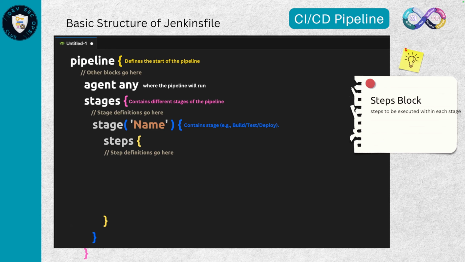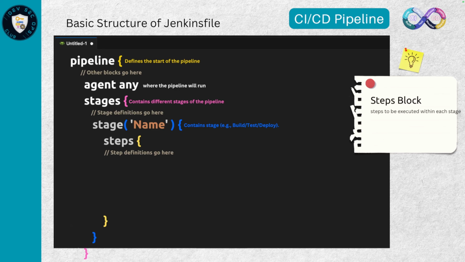If it is a build step, or a test, you write what your test case is, right? And if it is deploy, so in the steps we define what we want to do in this particular stage. Very simple, right? So first you have pipeline, second you have agent, right?